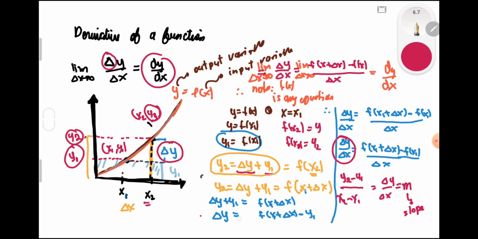So we may also say that if we get the derivative of a function, we can get the slope of the function at a certain point x or a certain point y. That is our derivative of a function.